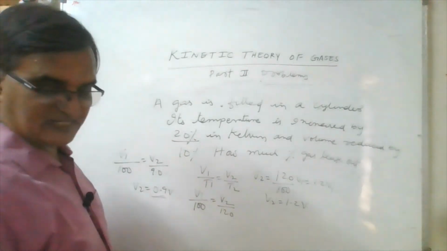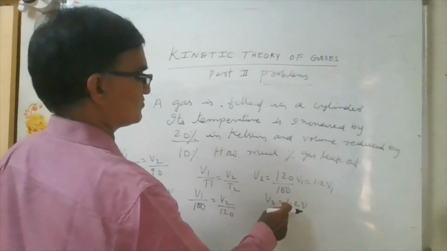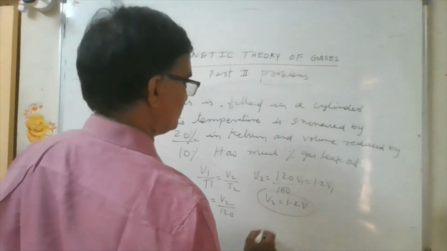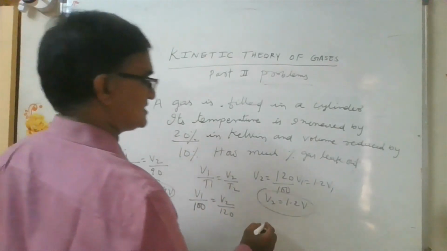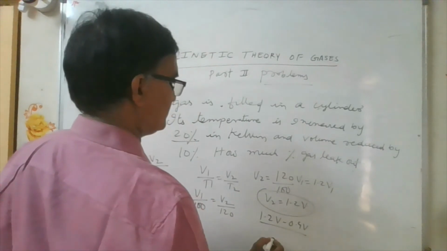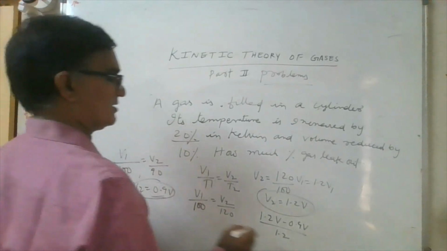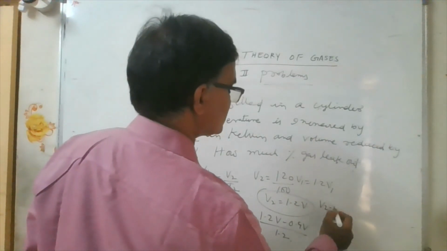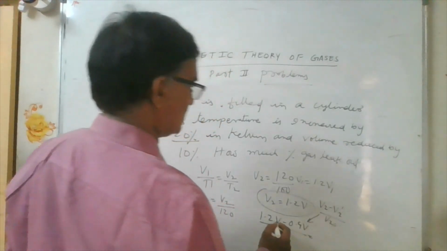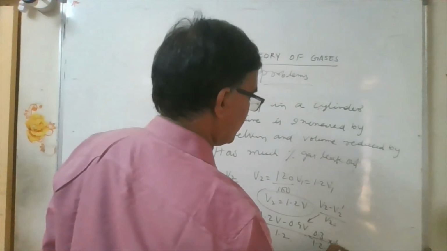Now what is the change in volume? Change in volume is the new volume 1.2 V minus 0.9 V by 1.2 V. If you take V2 minus V2 dash by V2, what do you get here? 0.3 by 1.2 into 100.